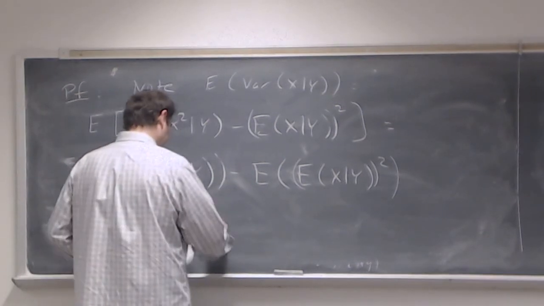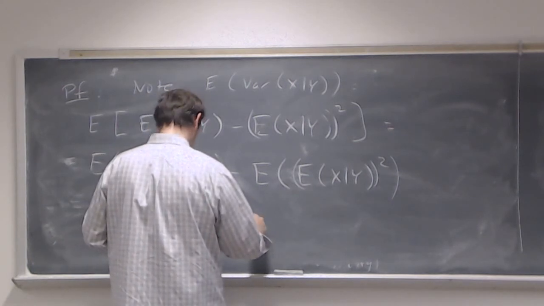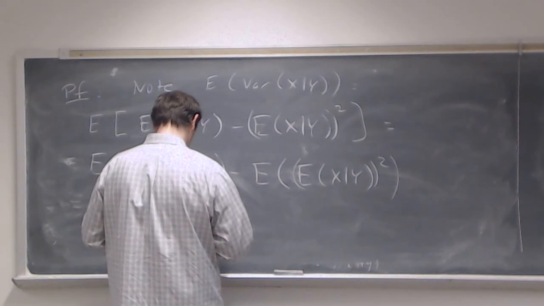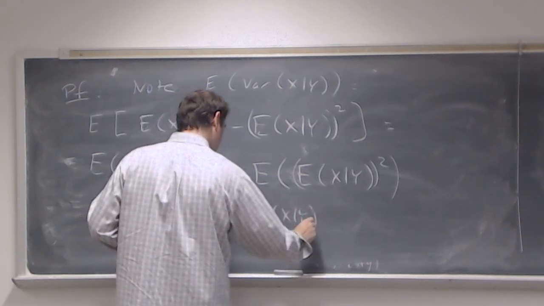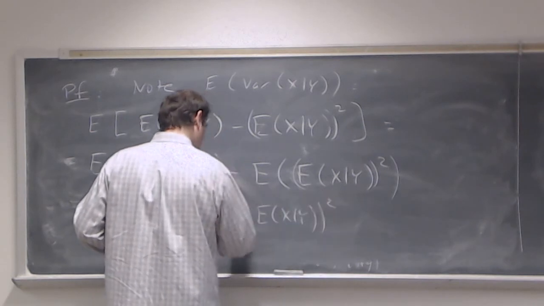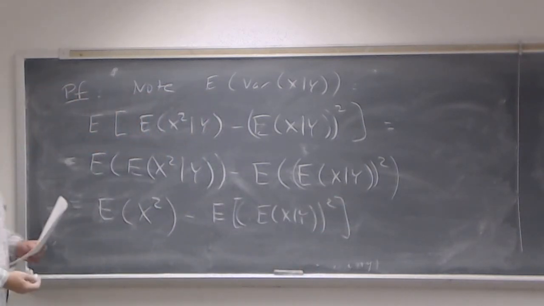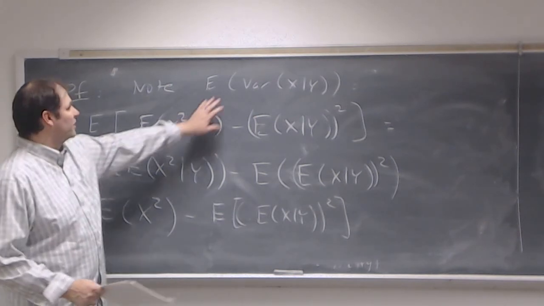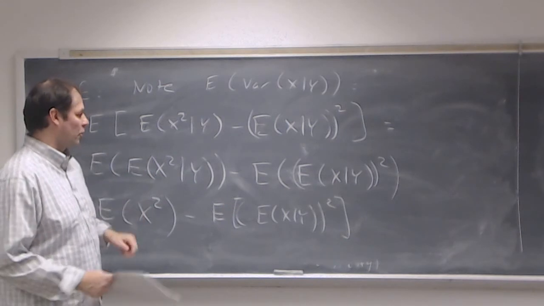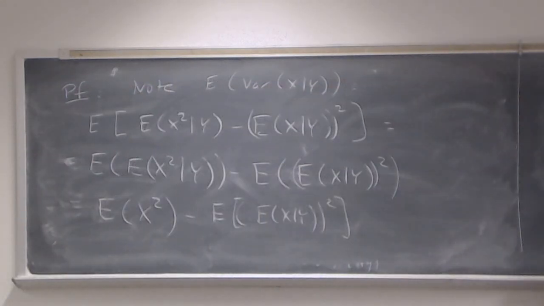This other guy I'm not going to touch, so I'm going to leave it alone. Now that was the first part that's involved in our formula. Okay, now I need to do the variance of the conditional expectation. That's the second part of our formula. We're adding those quantities together.